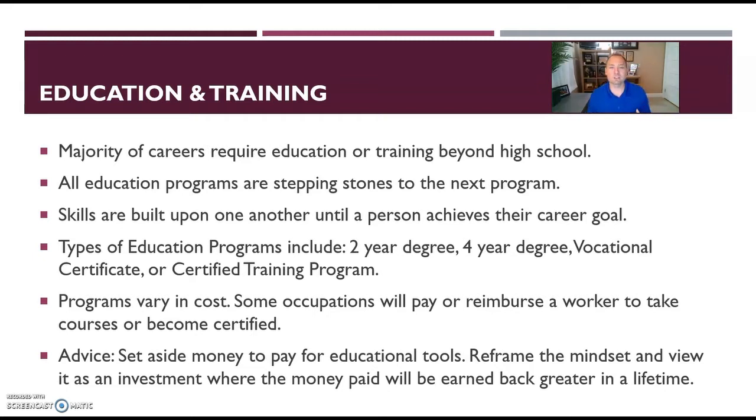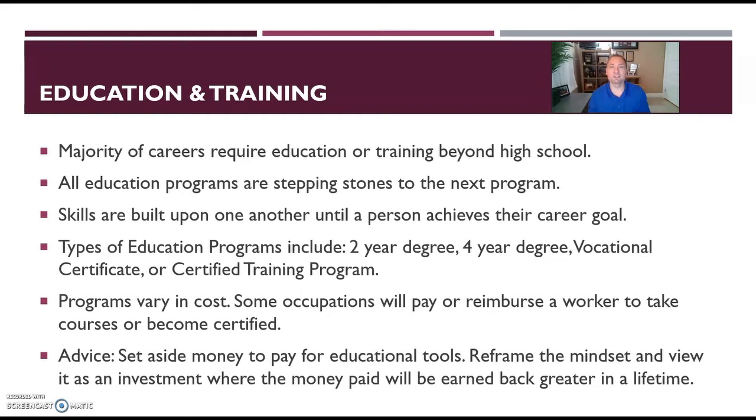Now, what type of education is there for you to develop your career and pursue an occupation of your choice and make the money to achieve your goals? Well, there are 2-year degrees and 4-year degrees from colleges. There are vocational certificates, which some you can get out of high school, but some are training programs after high school as well. And then there are other certified training programs that you can take.